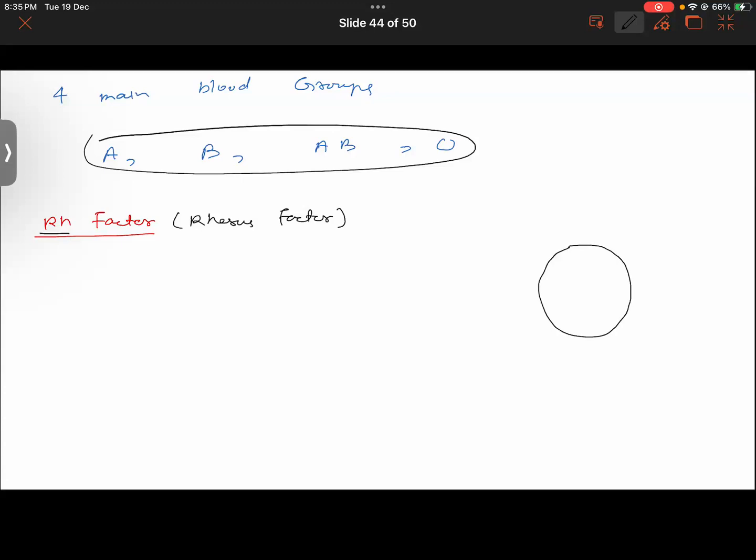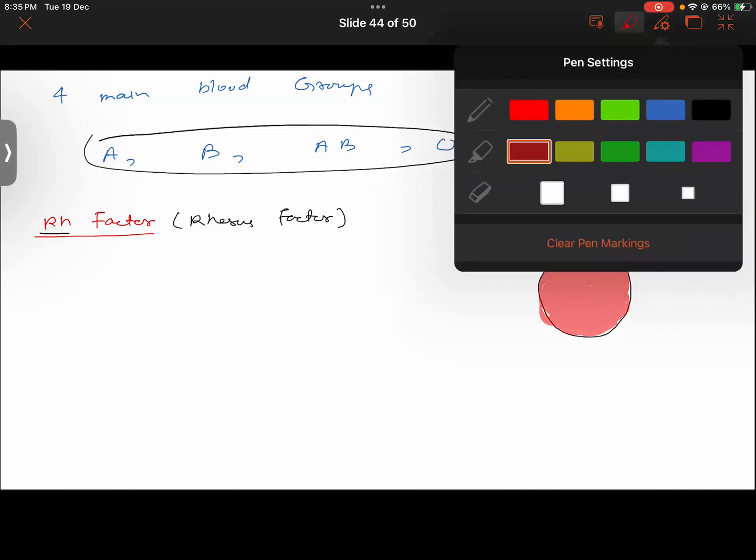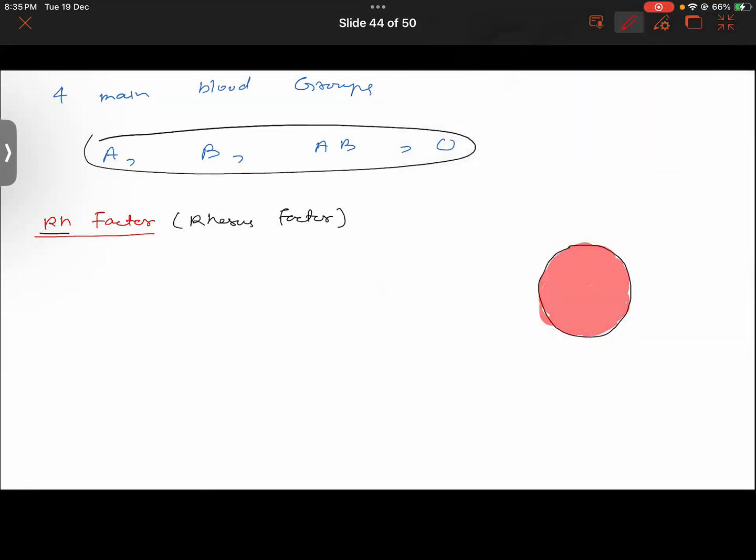Say you have a red blood cell here like this. Red blood cells also, have you guys ever noticed the shape of the red blood cells? It is bent inward.